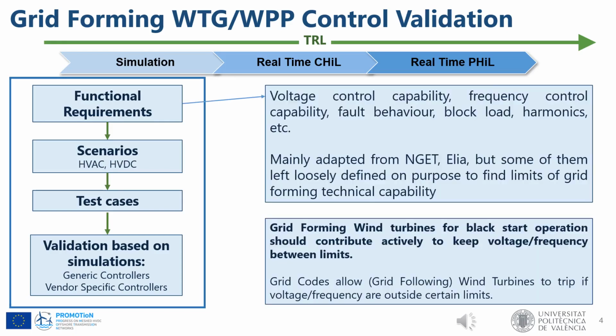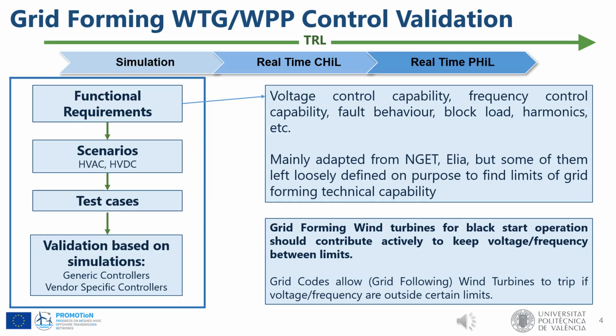Regarding the functional requirements, we have adapted those requirements from national grid and LRI requirements on black start operations. Some of them are not exactly the same, and some of them are not defined in a very specific way, just to find the limits of the grid forming technical capability.